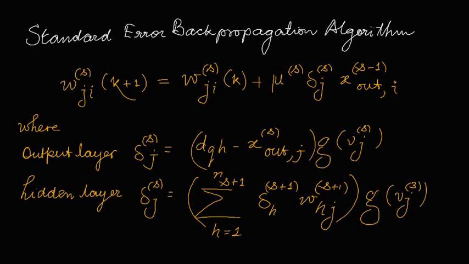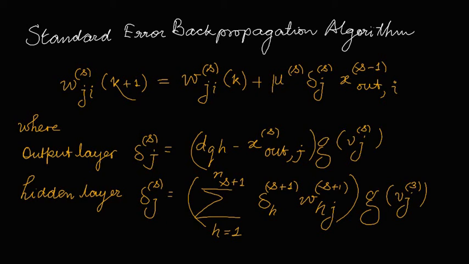The difference is that for the output layer, when delta is to be evaluated, it uses the desired output minus actual output, into this f'(v_j), the derivative of the network's f function, meaning the activation function.